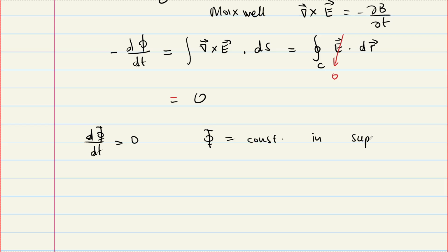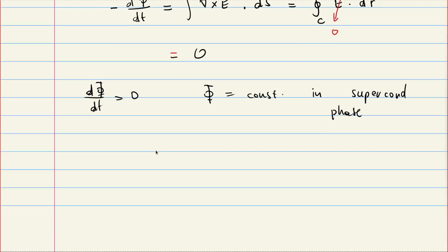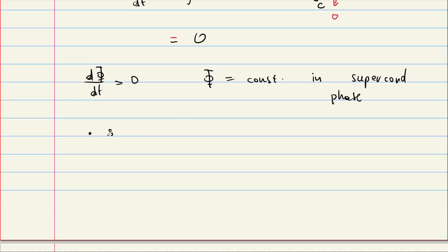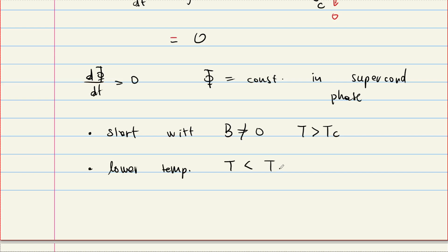And the way we show this zero resistance is that we start with a B, start with a flux, above T greater than Tc, and lower the temperature and go to the superconducting phase, T less than Tc.